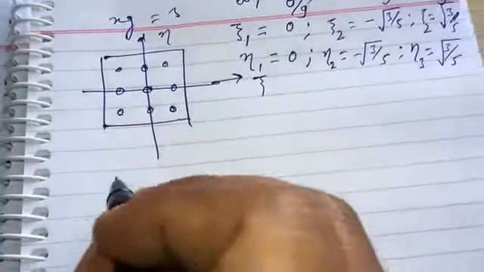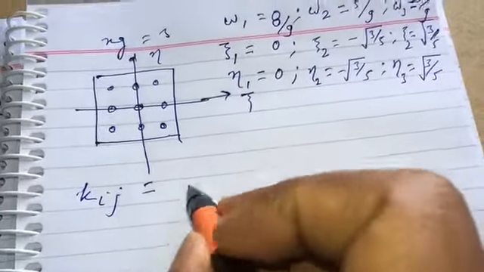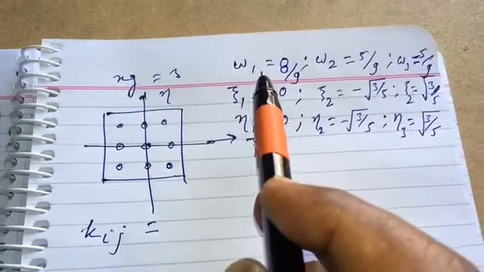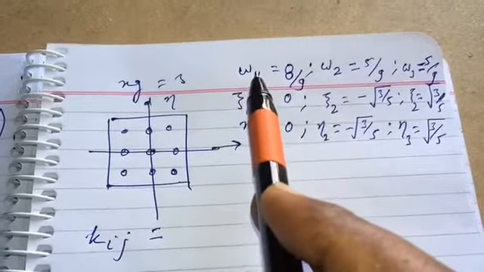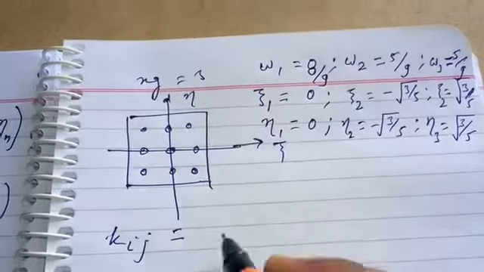So we can write Kij as a summation, which will be the combination of these. There will be 9 combinations.